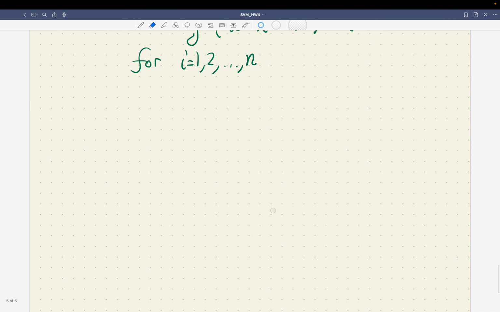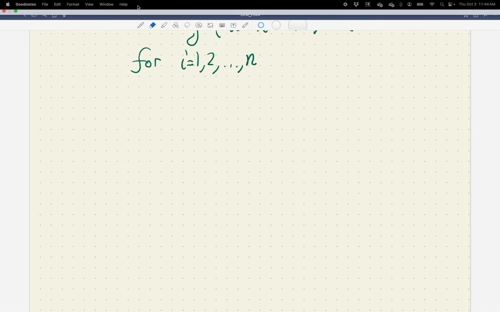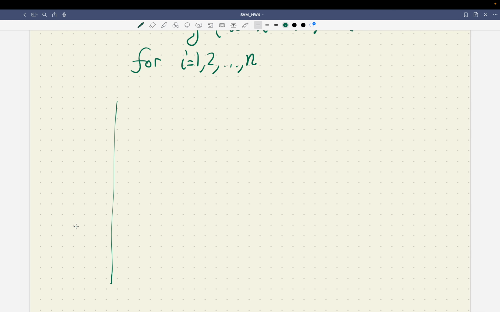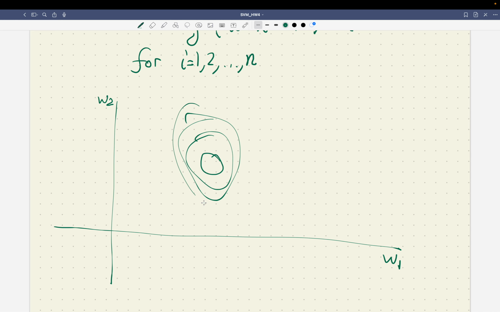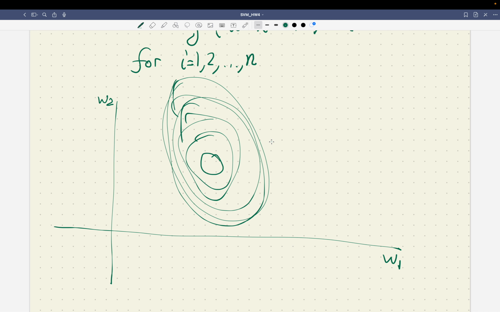And then intuitively, what are we doing here? Let's just take a look at this optimization problem. This might give you some insight about what's happening. Now I'm drawing w1 and w2. So here's some quadratic function of w1 and w2 expressed as a topographical plot. And now we're introducing a system of linear constraints, which means that we're constraining the solution.